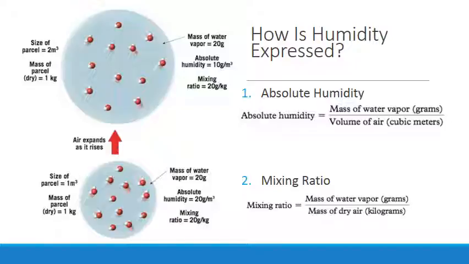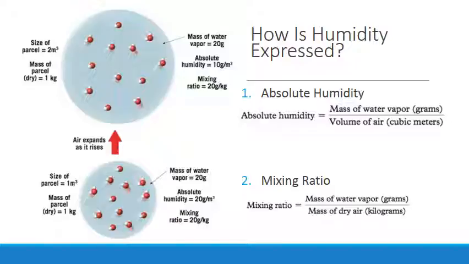We can calculate the absolute humidity at the surface by dividing the 20 grams, the mass of the water vapor, by 1 cubic meter, which is the volume of the balloon, to get 20 grams per cubic meter.